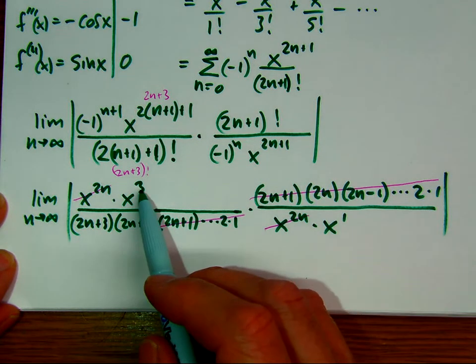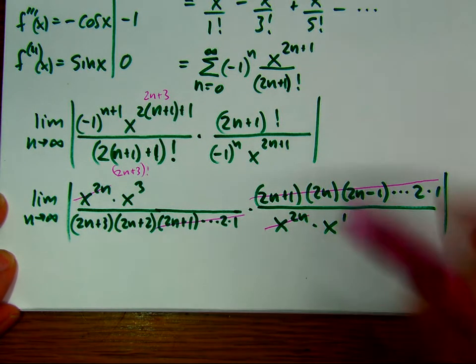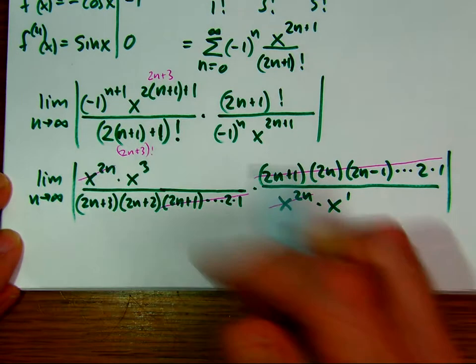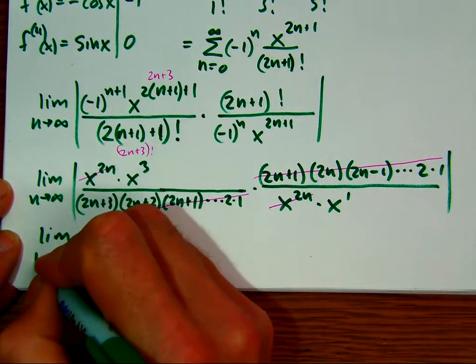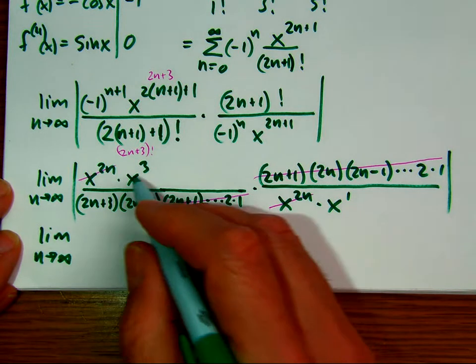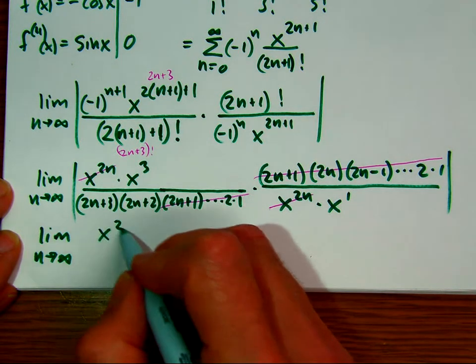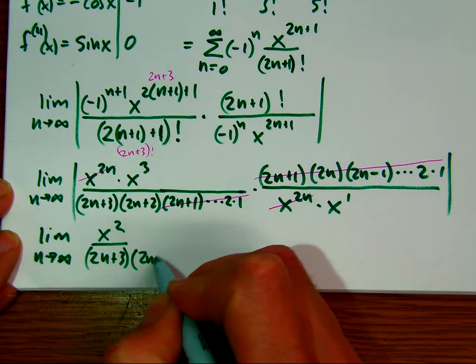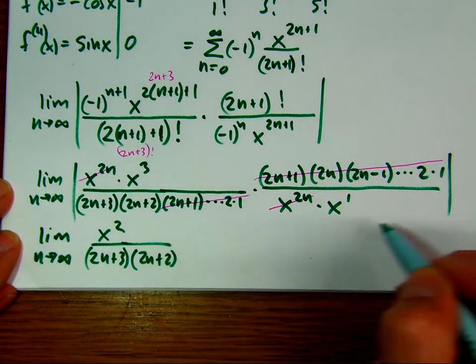And we also have a 3 minus 1, so that'll end up being a 2 there. So we have x squared over 2n plus 3 times 2n plus 2. There's nothing else left.